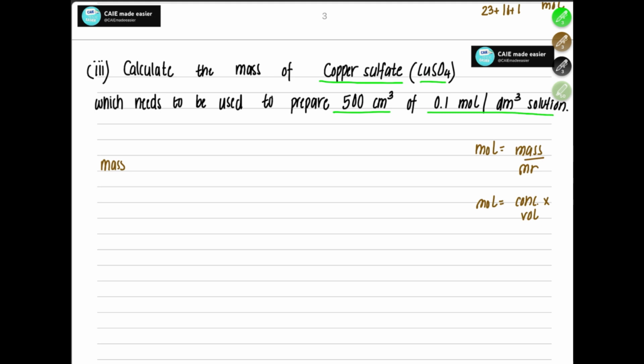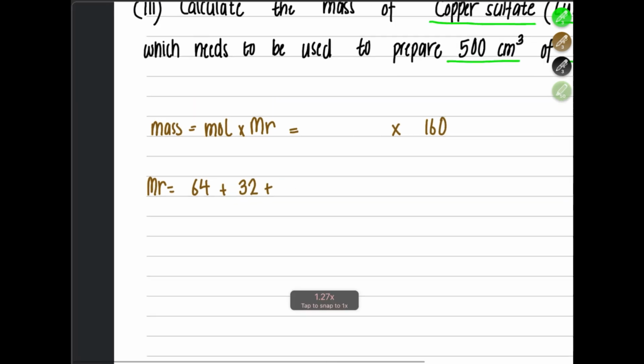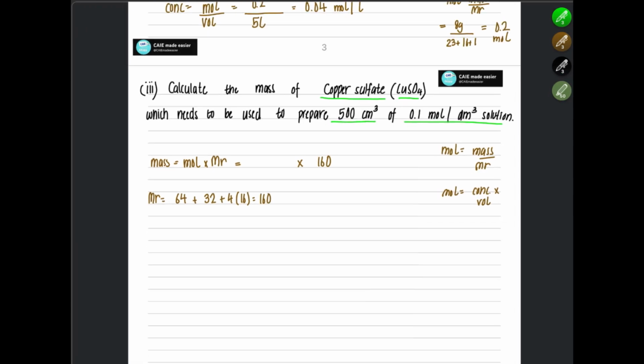So according to the first equation, mass is going to be moles times MR. The moles is unknown, but what is the MR? 64 plus 32 plus we have 4 oxygen, so 4 into 16, which is going to be 160. So we know the MR is 160.